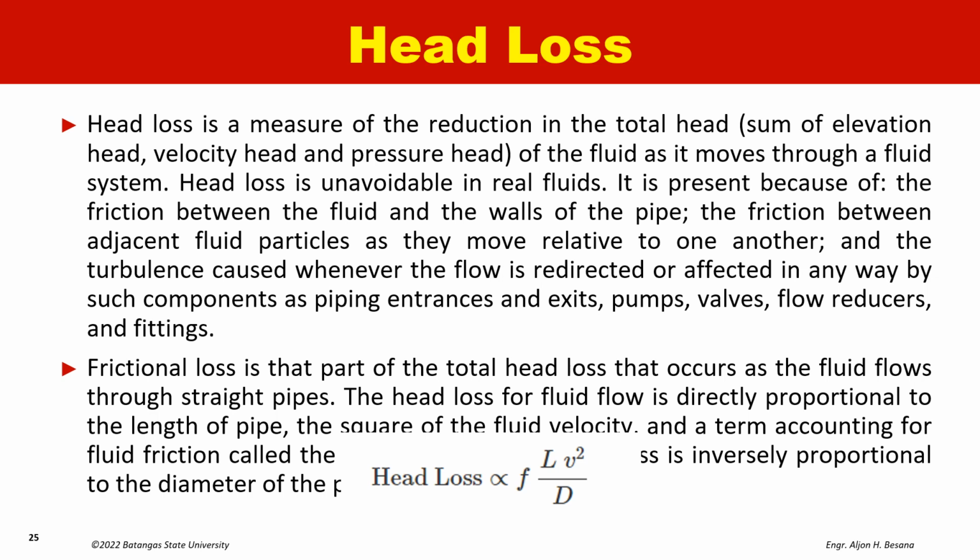The head loss for fluid flow is directly proportional to the length of the pipe and the square of the fluid velocity, in terms of accounting for the fluid frictional cost, and inversely proportional to the diameter of the pipe. So this is our head loss, which is proportional to friction multiplied by the length multiplied by the velocity squared over the diameter.